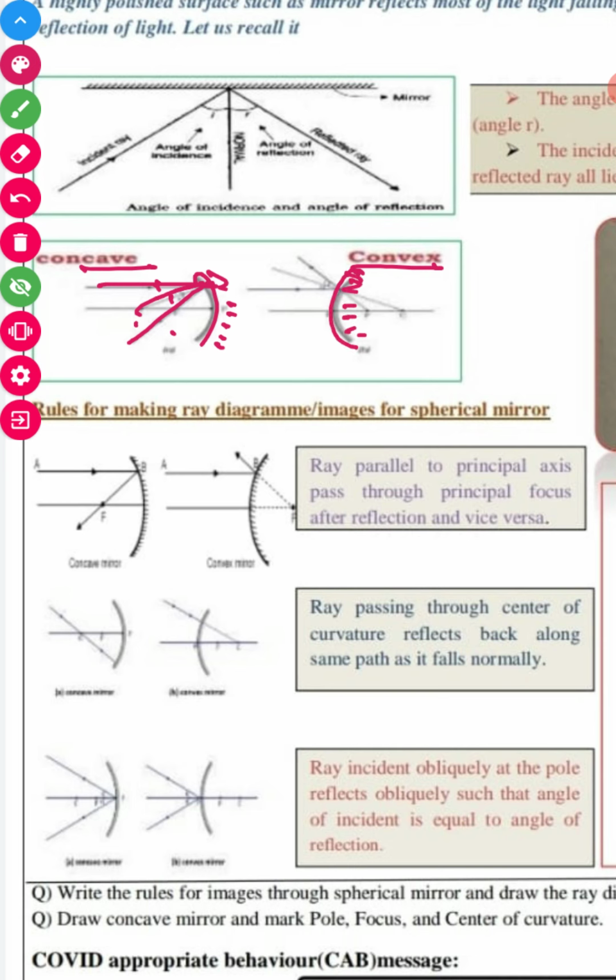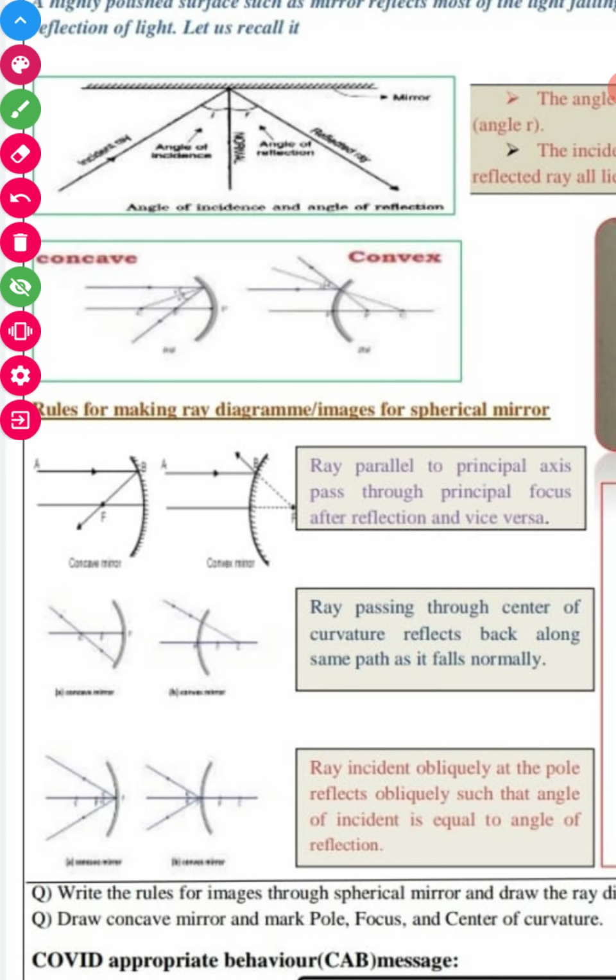The polished surface is this, and this is the reflecting surface. A ray coming parallel to the principal axis, after reflecting, if we draw it back, comes to the focus. Another ray directed toward the center of curvature passes along the same line.